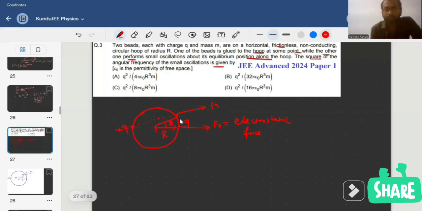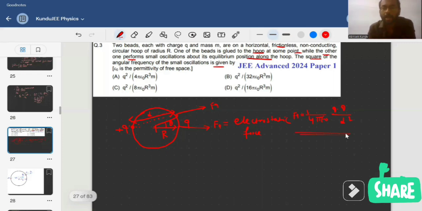And what is the amount of the force? 1 by 4 pi epsilon naught, Q into Q by the distance squared. This is the distance, D, so D square. That is the amount of force here. I hope this problem is visualized completely.